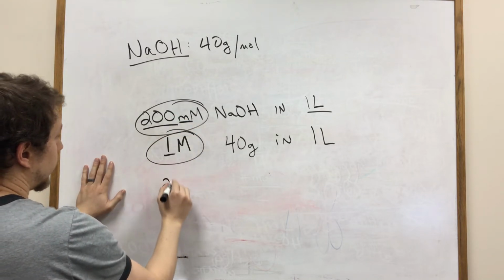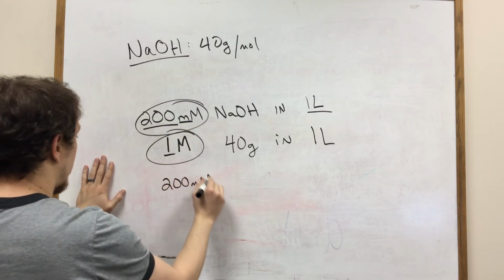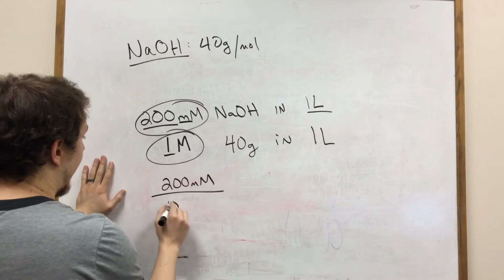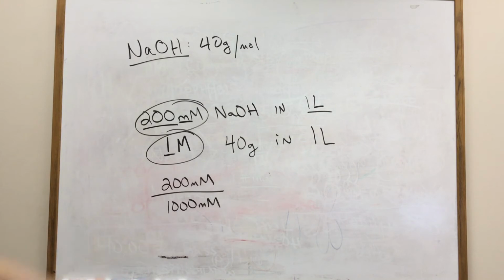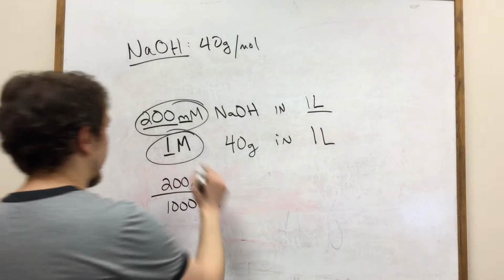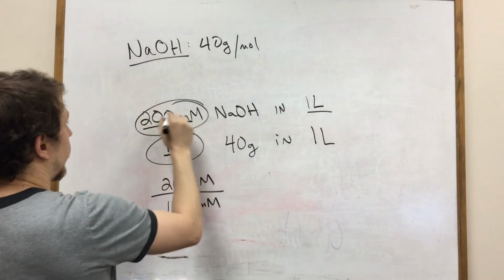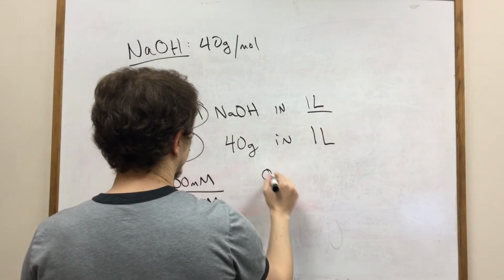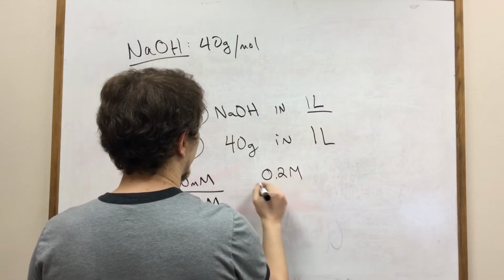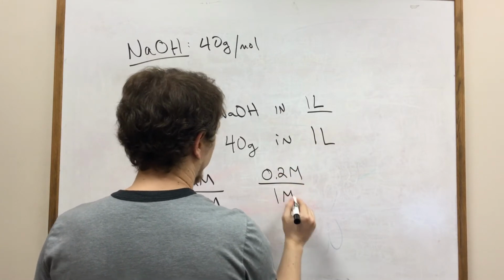So I can either write 200 millimoles over 1,000 millimoles, which is essentially what a 1 molar solution is, or I can write this as moles, where I would just move the decimal over 3 spots. So it would be 0.2 molar over 1 molar.